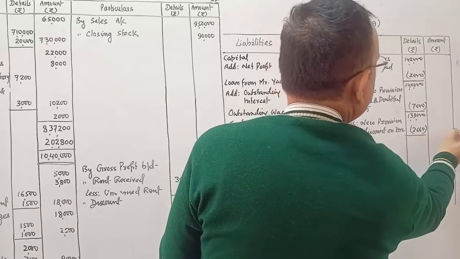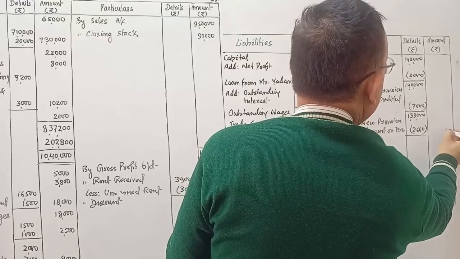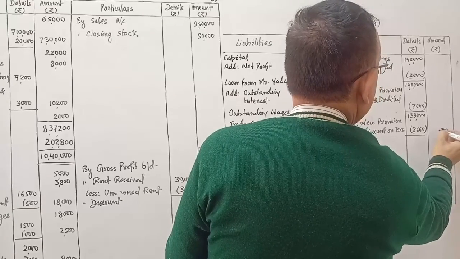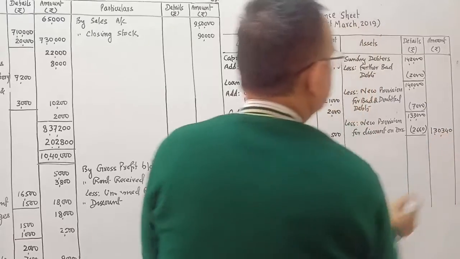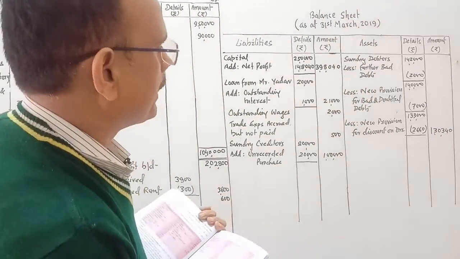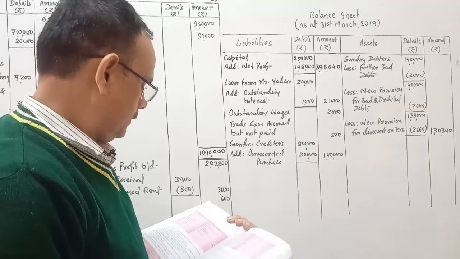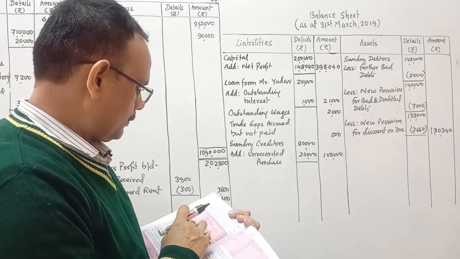You deduct it and write the amount in the outer column. So it is 1,30,340. Okay. Now come to the next.